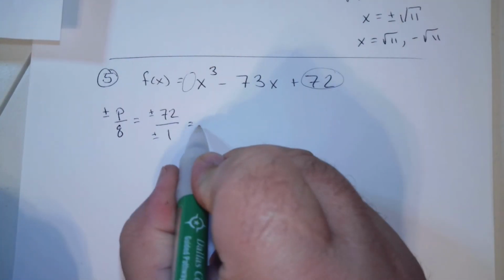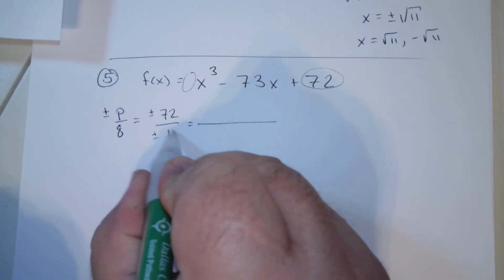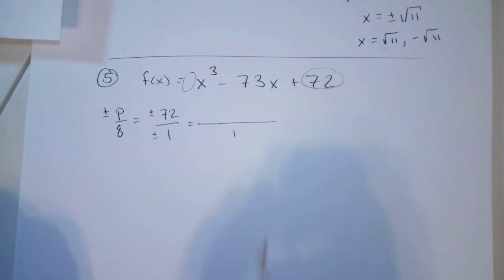So, now let's look at the factors. The factors of 1 is just 1.